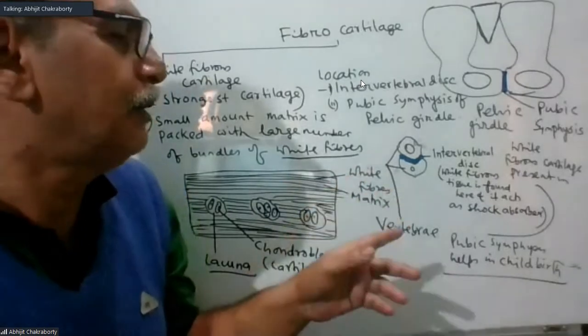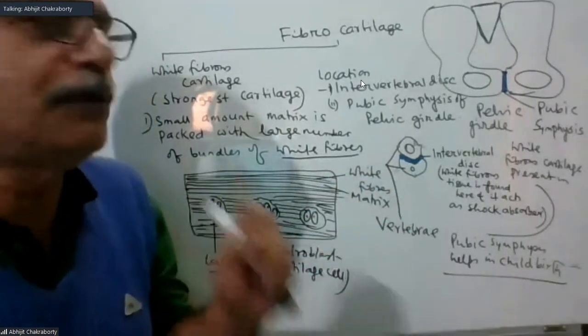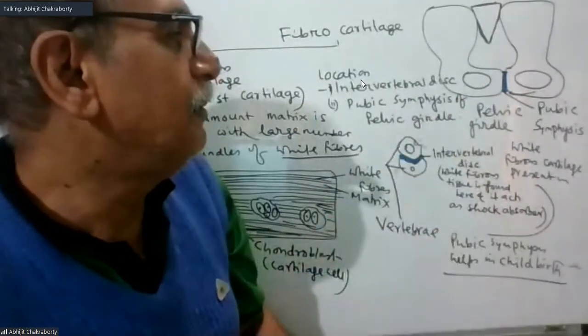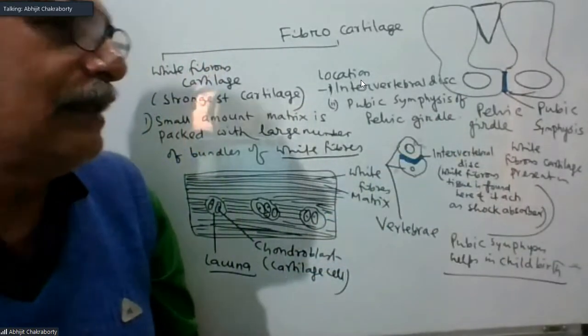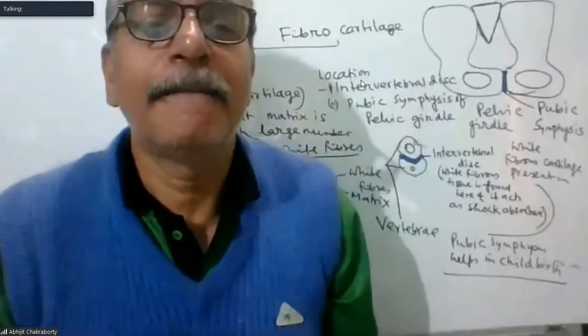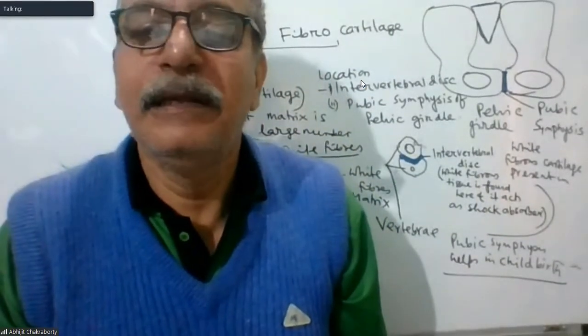Otherwise, it's not possible to give birth to a child. That's why it is said that white fibrous cartilage present in the pubic symphysis region helps in childbirth. Clear? Is it clear? Yes, sir.